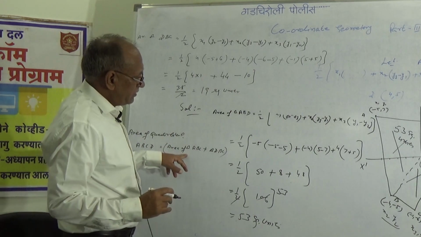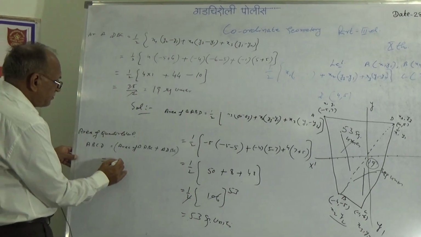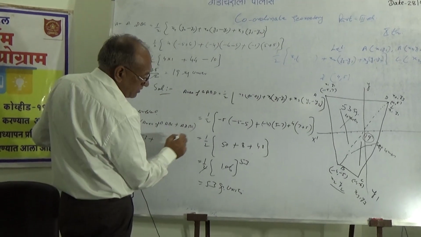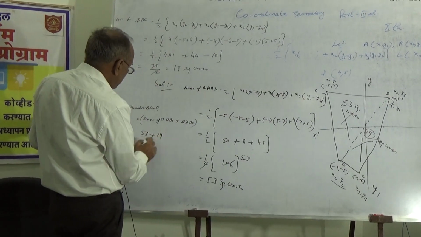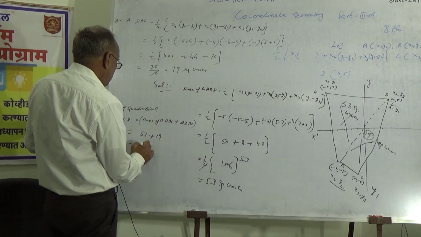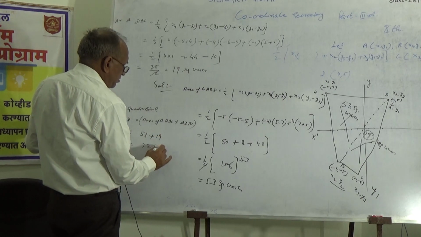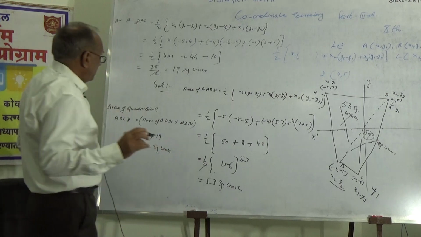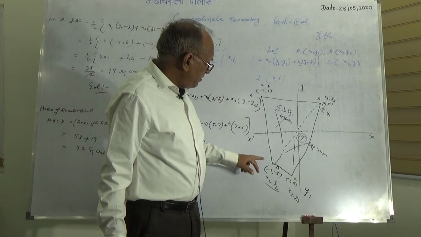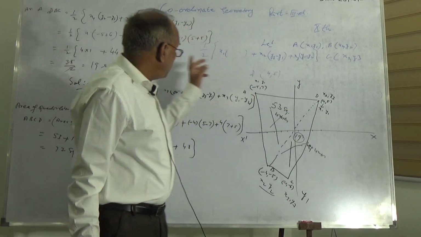Area of the triangle ABD is 53 square unit plus area of triangle DBC is 19 square unit, 72 square unit. Therefore, this is the area of the quadrilateral ABCD, whose vertices are given in the statement.